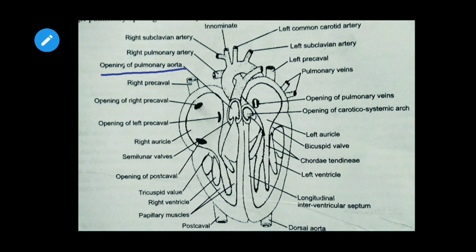Then, the working mechanism of the heart. The heart acts as a forcing pump and keeps the blood circulating through blood vessels throughout life. The action of the heart is the result of alternately but simultaneously occurring processes, systole and diastole.